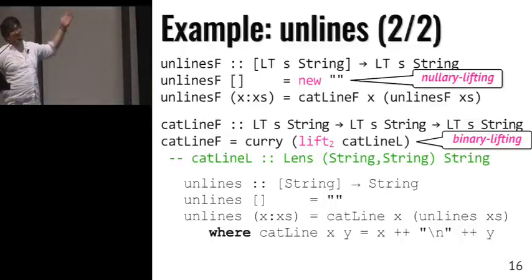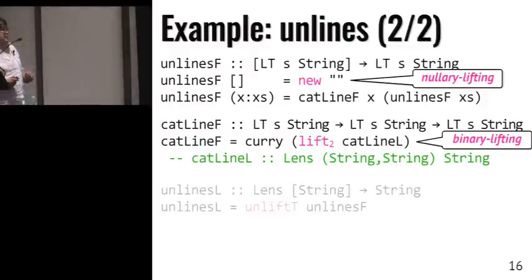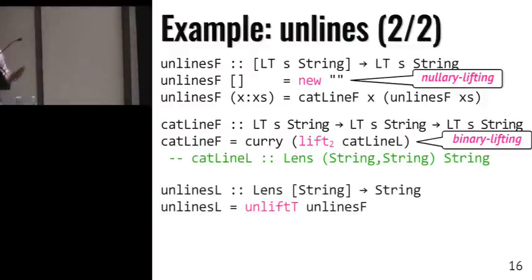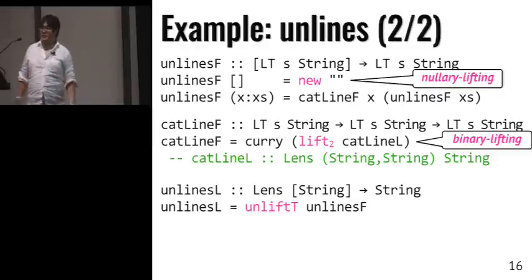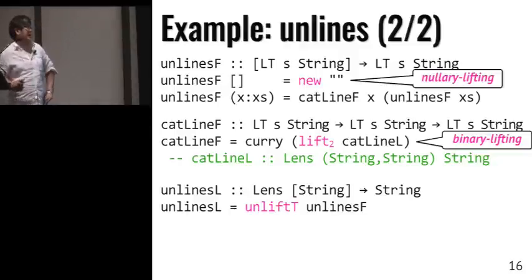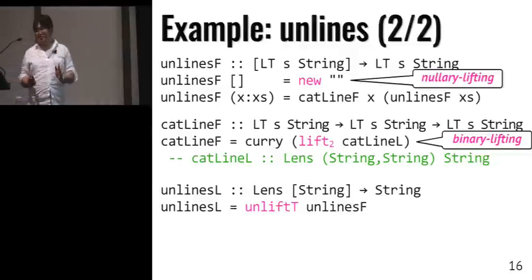From the definition of the unlines F function, we can obtain the lens unlines L by using the unlift function. Here the unliftT function is a variant of the unliftN function, but I do not explain the detail in this talk. Anyway, I explain the behavior of the obtained bidirectional transformation.